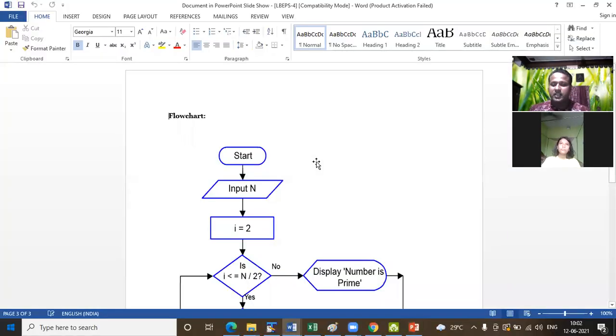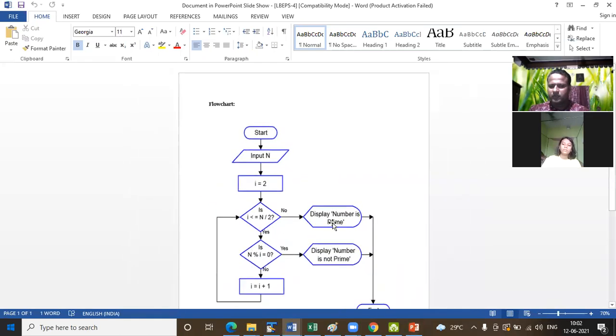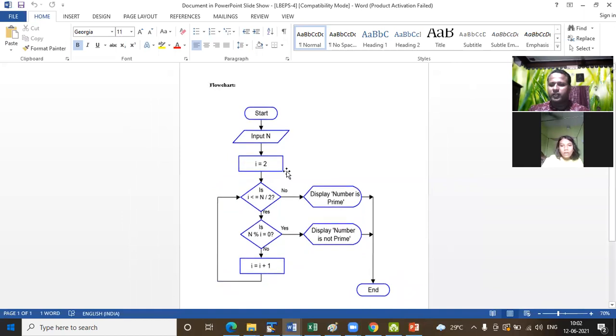First, let's understand the logic. It is very important. Suppose I want to check whether 5 is a prime number or not. First of all, we have to take a value: start, input n.